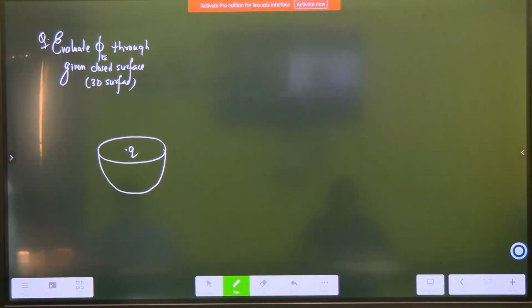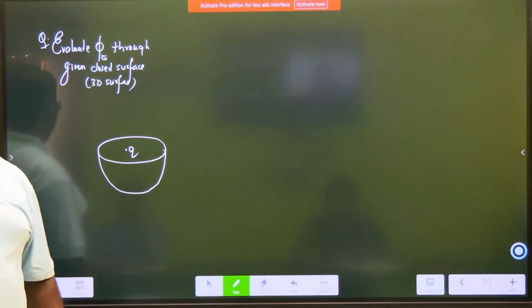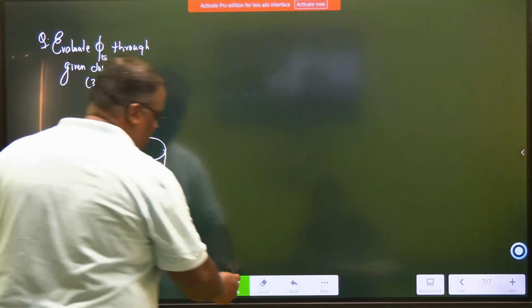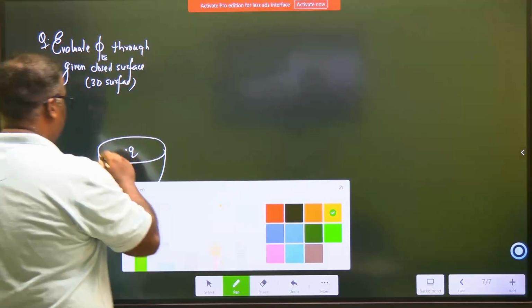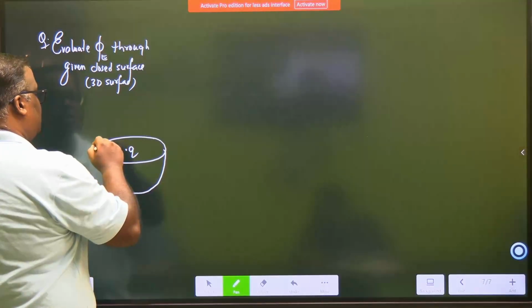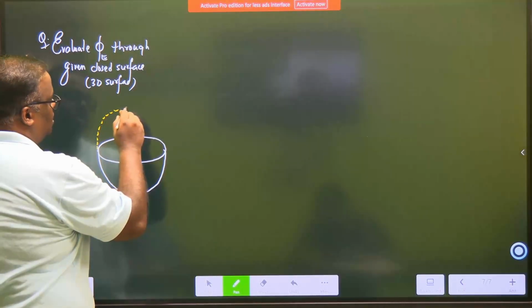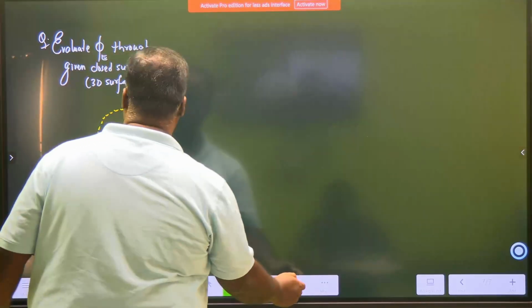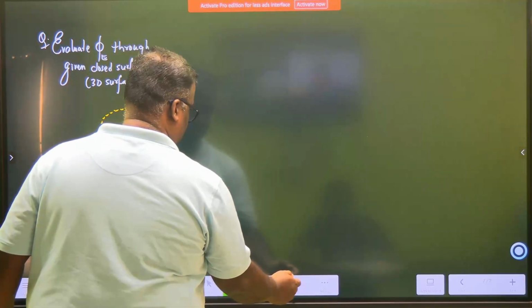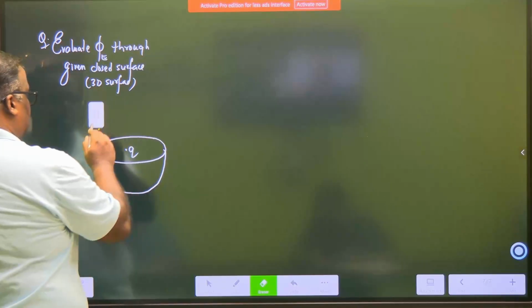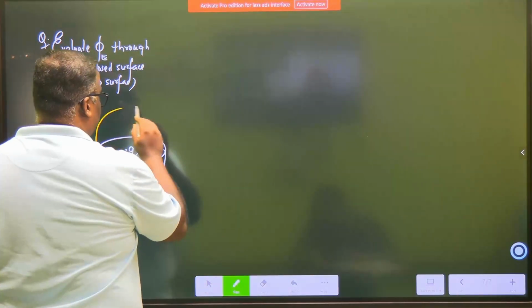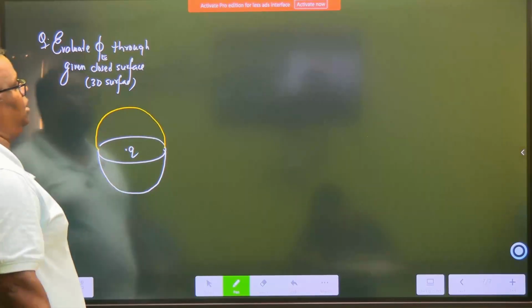Can I take my 3D object as the Gaussian surface? No. So what will be my ideal Gaussian surface? My ideal Gaussian surface would be a sphere of the same radius.